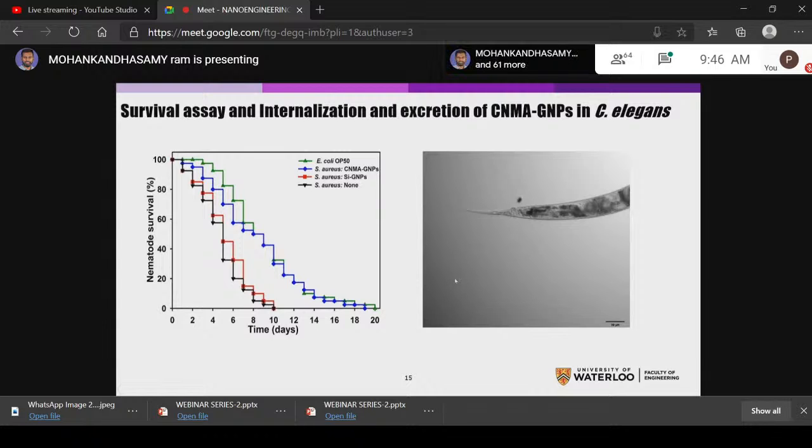This way we could confirm again that our nanoparticles are not toxic, because they were taken up by these worms, the worms were cleared of the infection, and they could excrete the nanoparticles. So this way we claim our nanoparticles are safe to use.